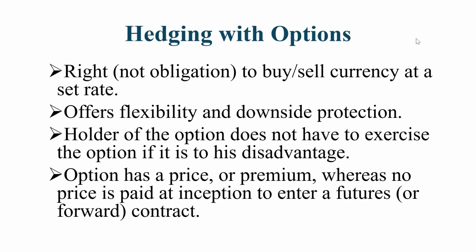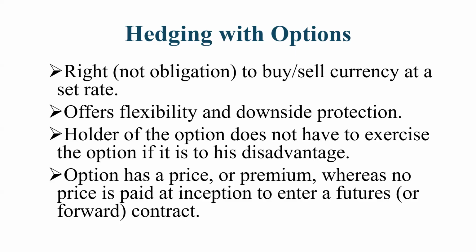Let's now consider hedging with options. Options give the holder the right, but not an obligation, to buy or sell currency at a set rate. As a result, it offers flexibility and downside protection.